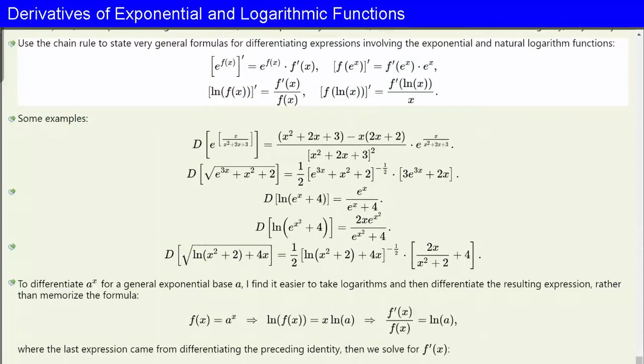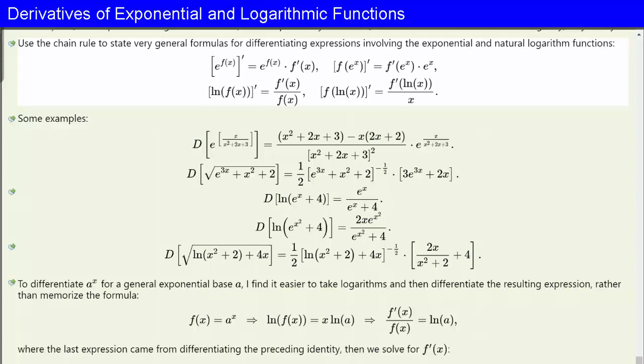So now we can use the chain rule to state very general formulas for differentiating expressions involving exponentials and natural logarithm functions. We know that e to the power f of x has the derivative e to the power f of x times f prime. And we know that any function of e to the x, when differentiated, has the derivative f prime of e to the x times e to the x.